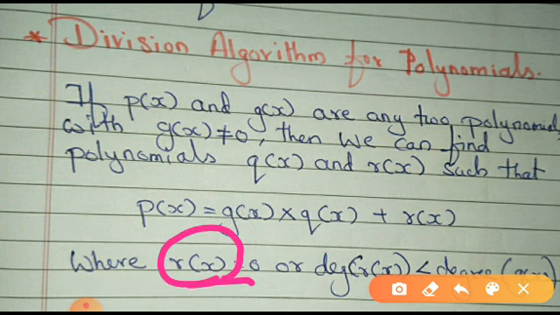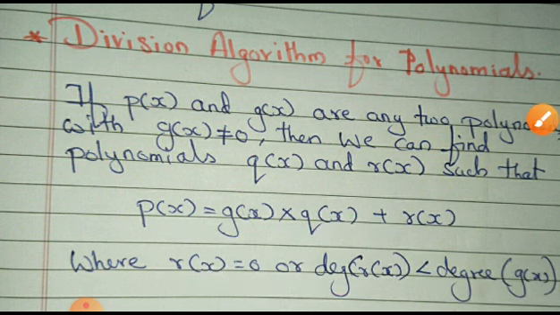Now here r of x is nothing but a polynomial. So either it may be a 0 polynomial or the degree of r of x should be less than the degree of g of x.